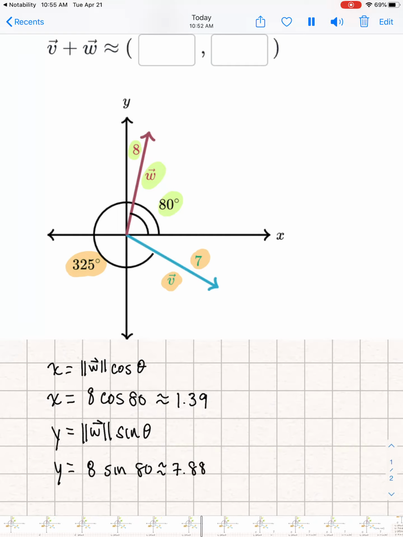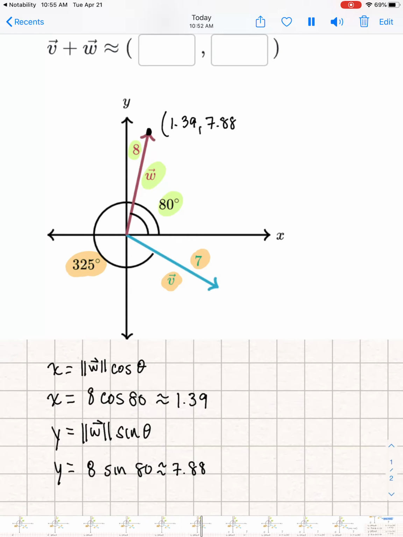So if you think about it, there's the point that the vector goes to, with 1.39 for the x and 7.88 for the y. So you can see it kind of looks like that, right?